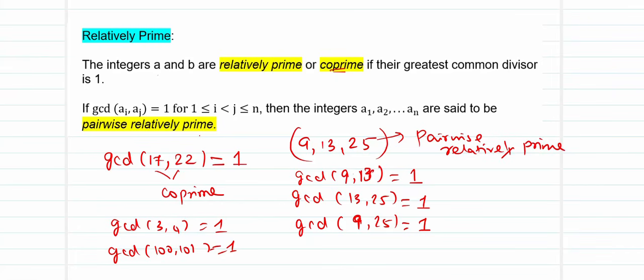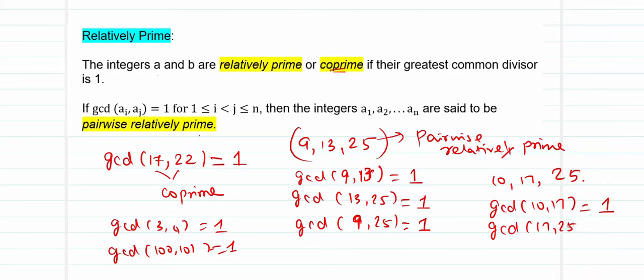Now for a counter example, let us take 10, 17, 25. What is the GCD of 10 and 17? This is equal to 1. Now what is the GCD of 17 and 25? This is again equal to 1. But when it comes to the GCD of 10 and 25, we notice that apart from 1, the greatest number that divides both is 5.